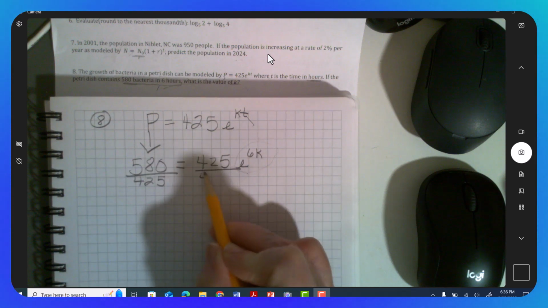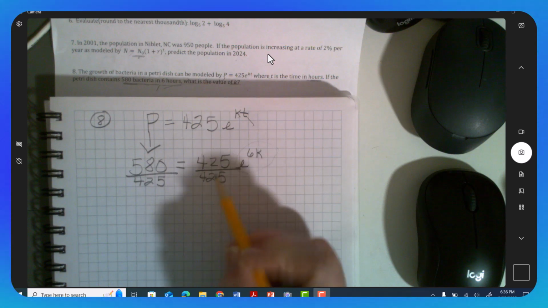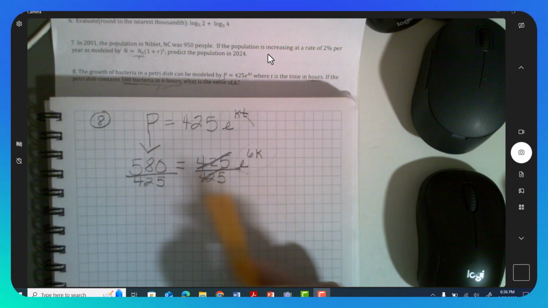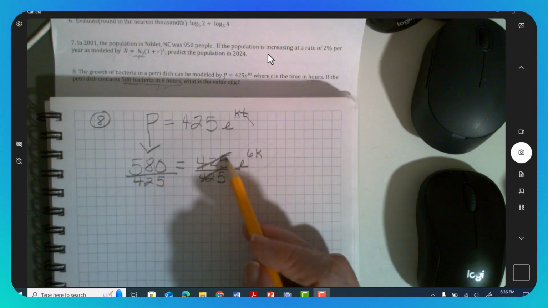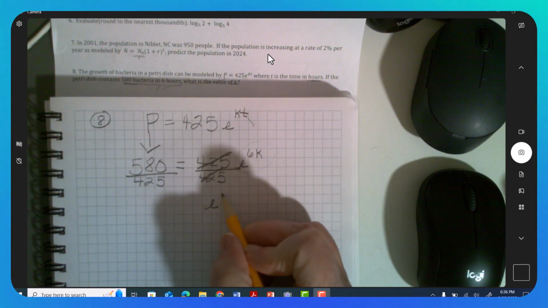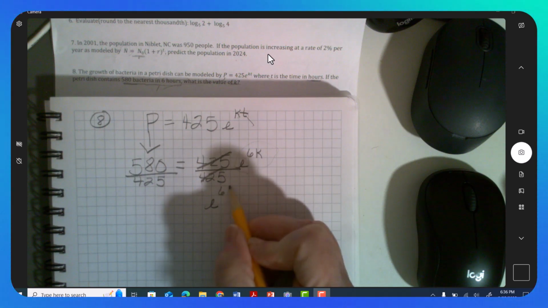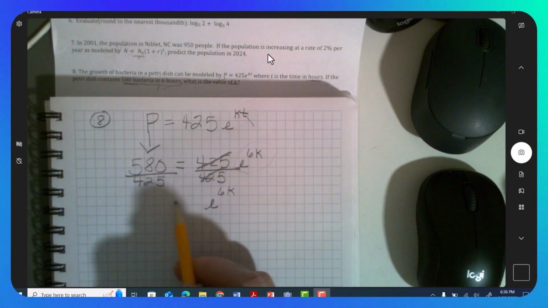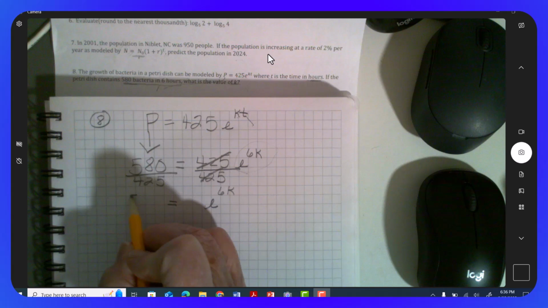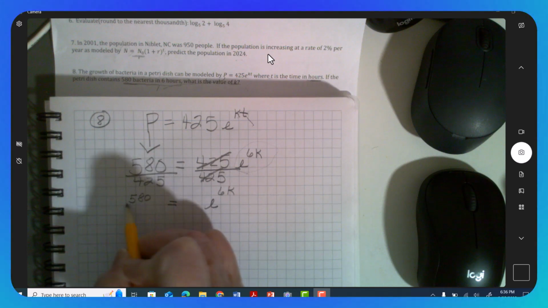I'm going to save my math for the end, so I'm not rounding anything off until the very end. I'll put everything in the calculator. All right, so this is 1. On the right-hand side, I've got e to the 6k equals, on the left-hand side, 580 over 425.